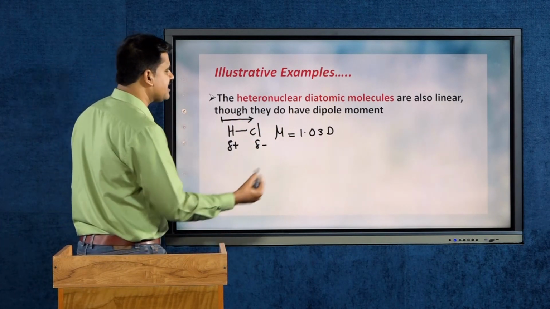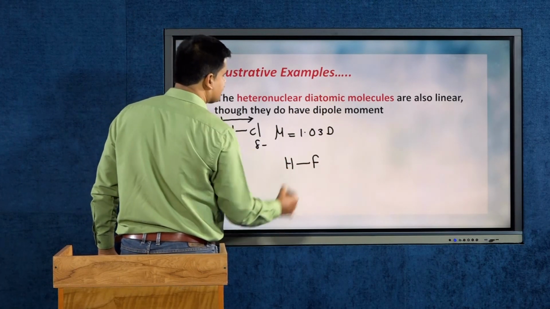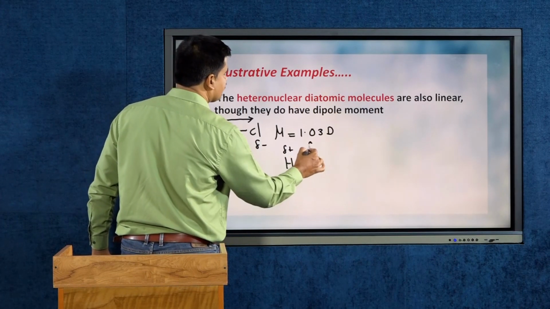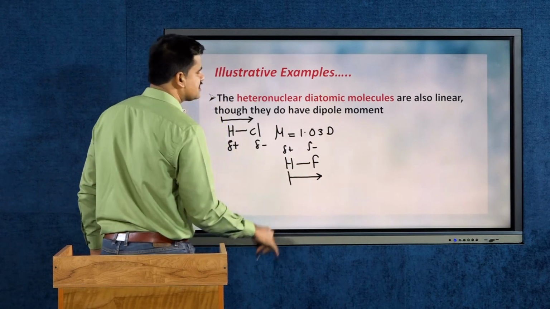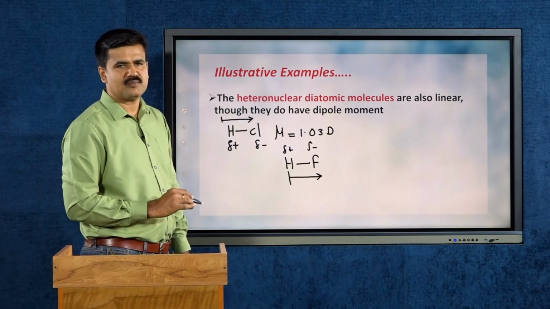Similarly, I can take another hydrogen halide, that is HF molecule. In HF molecule, fluorine is partial negative, hydrogen is partial positive, and there is a dipole moment vector like this, and here also there is a net dipole moment value.